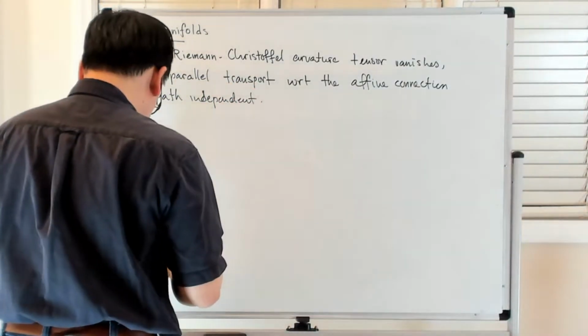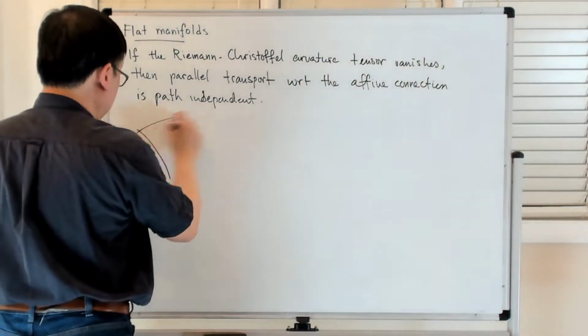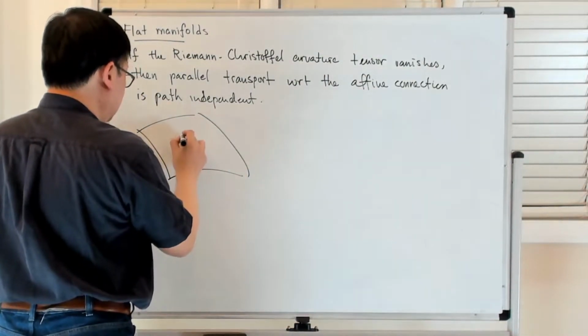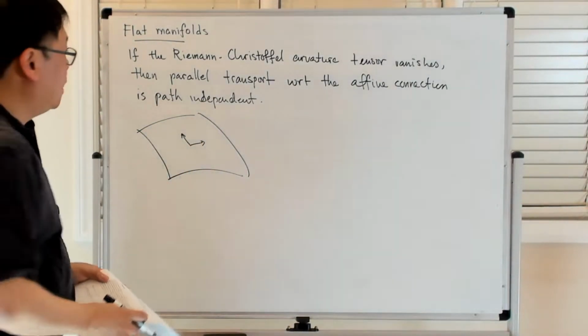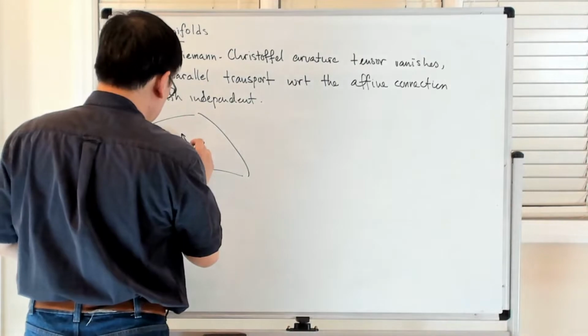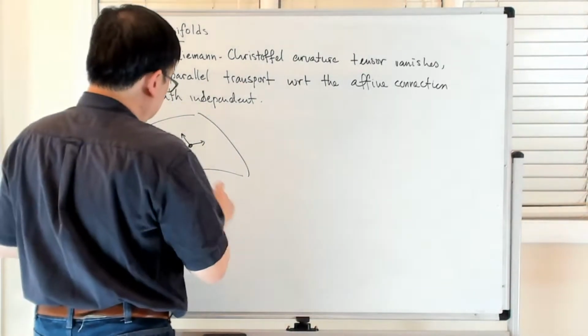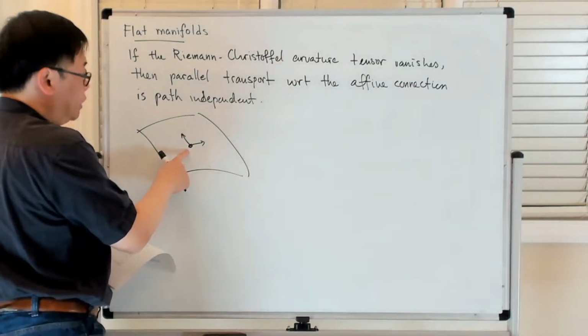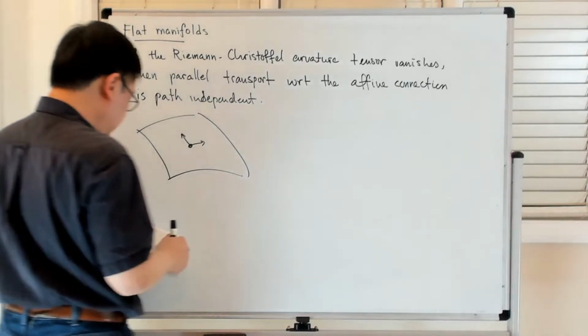Okay, all right. So let's try to use this idea to introduce an affine coordinate system on the manifold, at least locally, right? So we're going to pick some base point in the manifold, and we're going to introduce some coordinates on the tangent space.